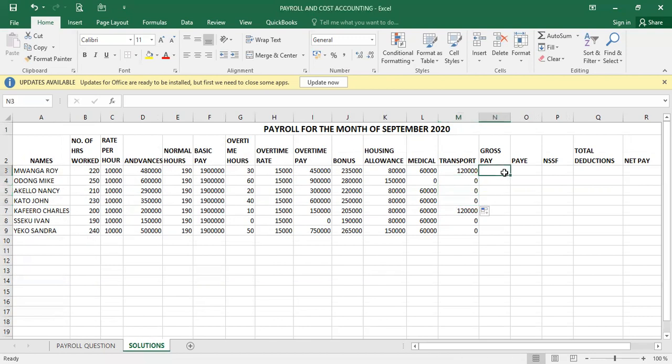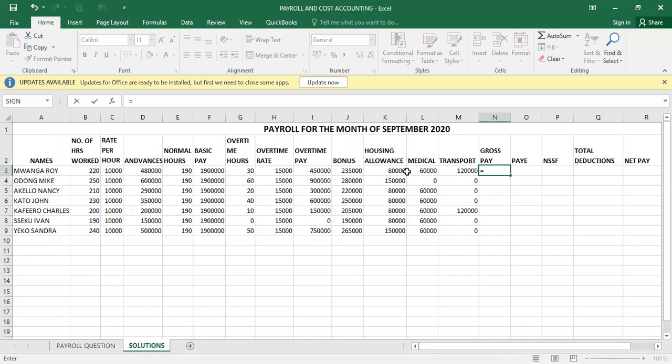So let's compute our gross pay. As you hear the word, it is gross, meaning we are adding all the basic pay plus other bonuses and allowances we've received. The gross is the summation of the basic pay, the bonuses, and other allowances that are given to the employee without removing the deductions.